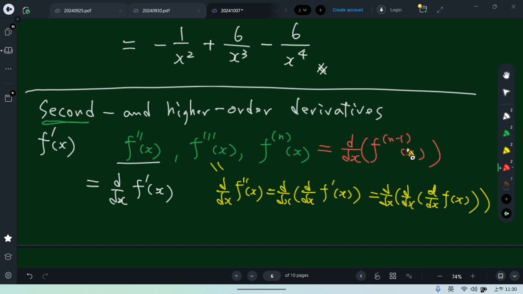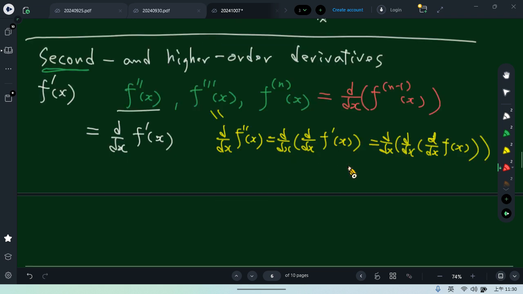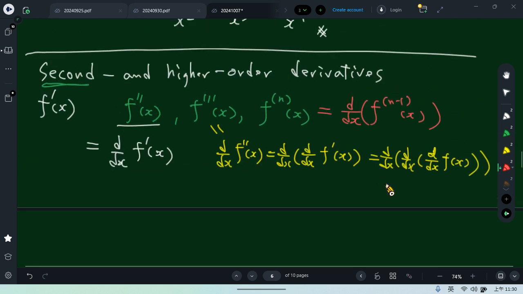We get the n minus 1 order derivative first, and then we differentiate it, and then we can get the nth order derivative. So I think that is not hard, right? Then this is about section 3.